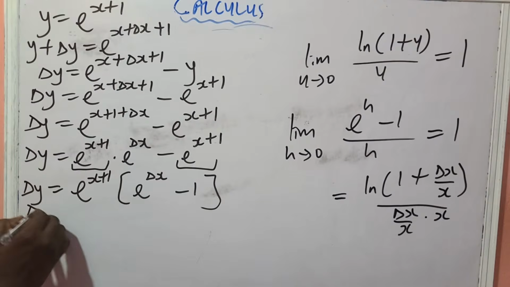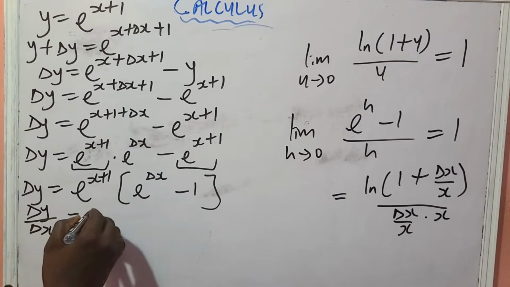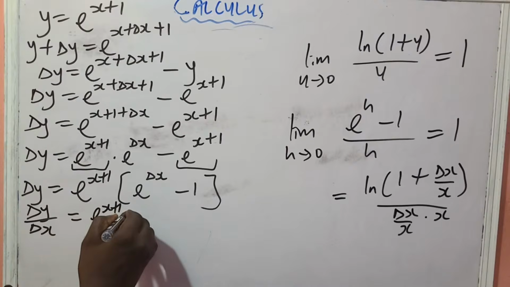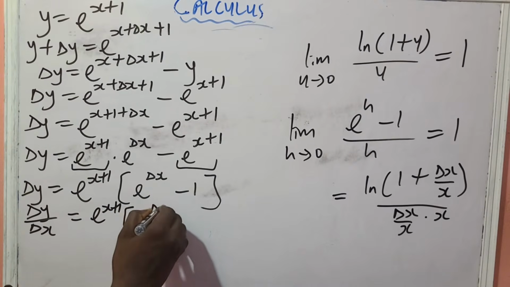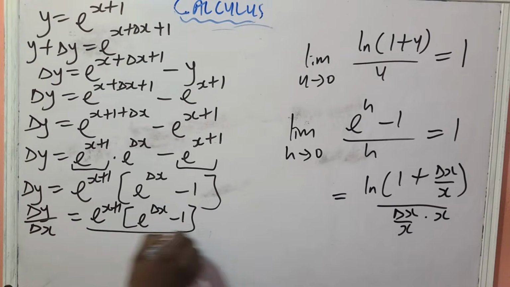So we have change in y over change in x equals e raised to power x plus 1, e raised to power change in x minus 1 over change in x. All right. So now look at what we have here.